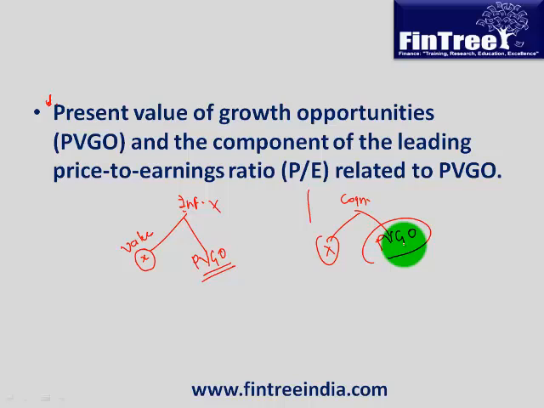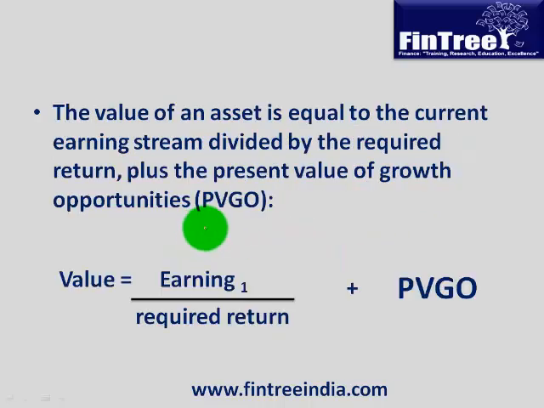Then you can compare that I'm paying, let's say, 300 rupees of PVGO for Infosys and 200 for Cognizant. Is it worth it? If not, then you can comment that probably I'm paying more for Infosys. Are you following this? Now, how do you find out? So earning of time 1 divided by required return plus PVGO. So you write down the formula. We'll do some discussion on this.